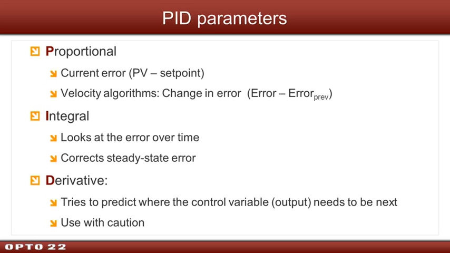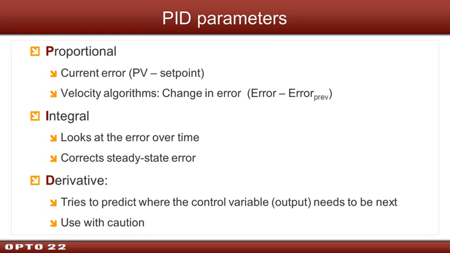In the velocity algorithms, we're going to be looking for the change in the error. In the other algorithms, we're looking at different parameters, and you can go back and take a look at those algorithms and determine which one, if you're picking one from the start.